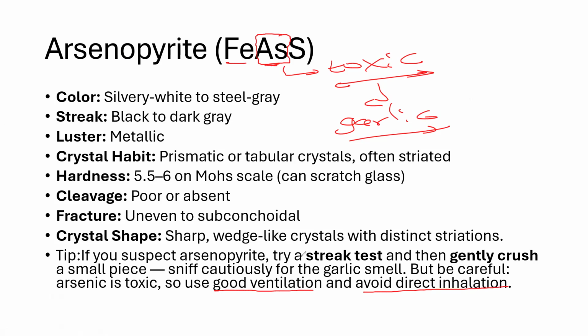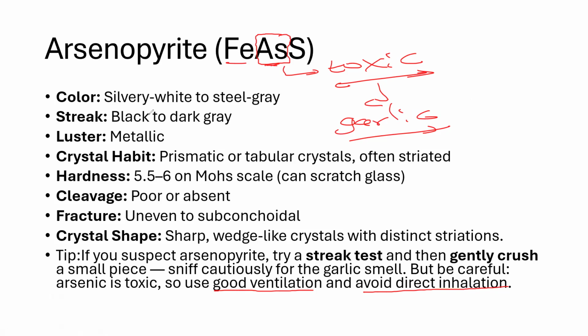So, if you suspect that you might be looking at arsenopyrite, remember that in terms of color, it's like that of the galena, but obviously it won't be heavy. It's a bit silvery, like that of our galena, but the distinctive feature is the streak. It is black to dark gray.